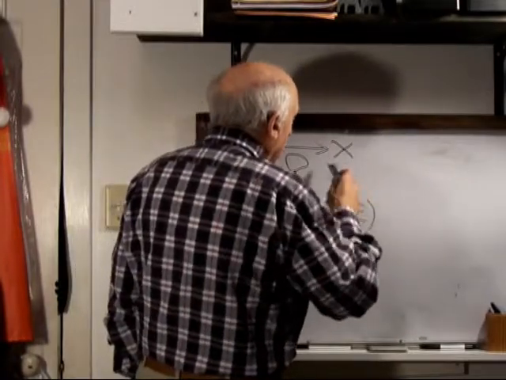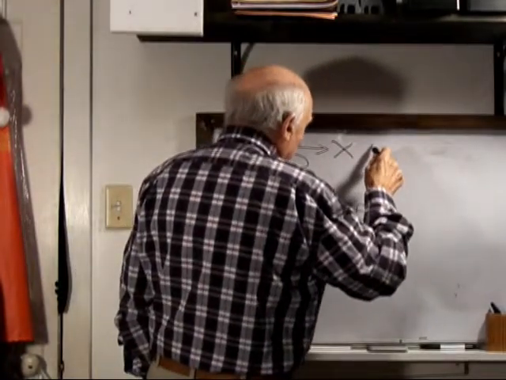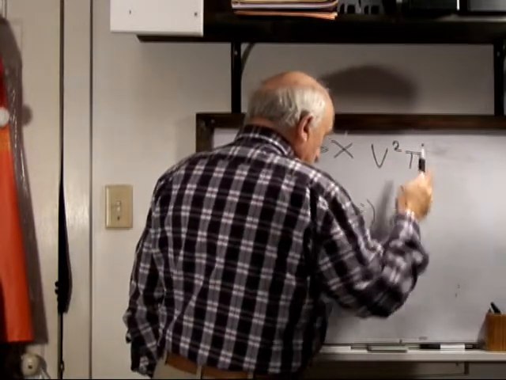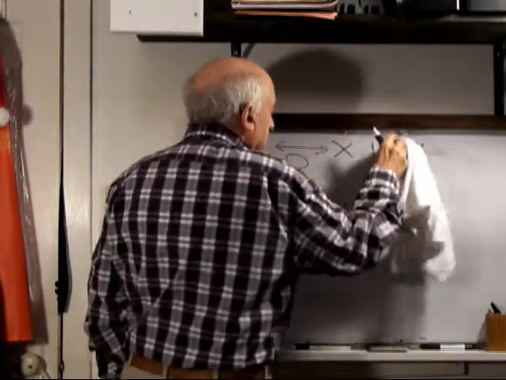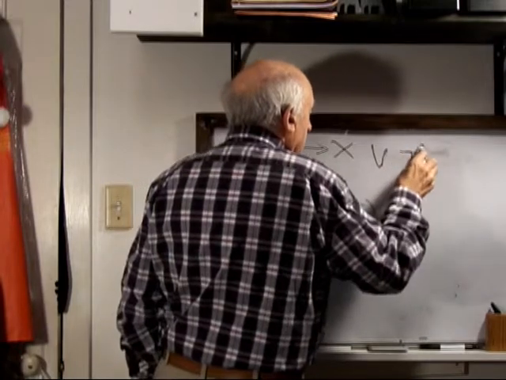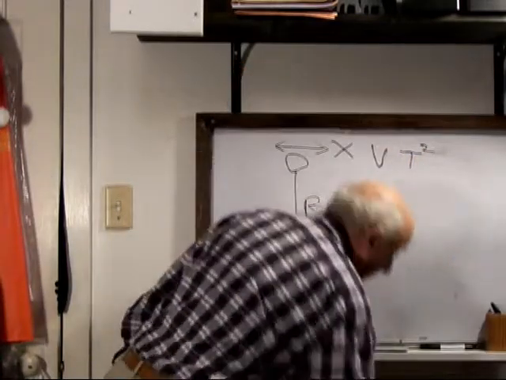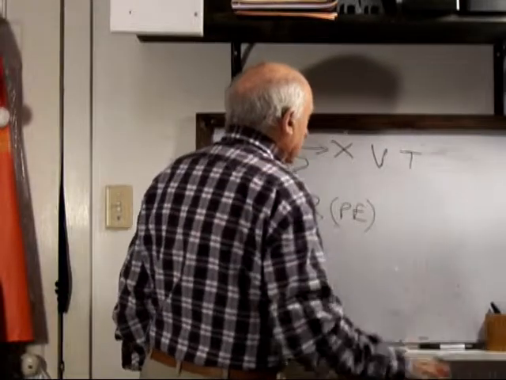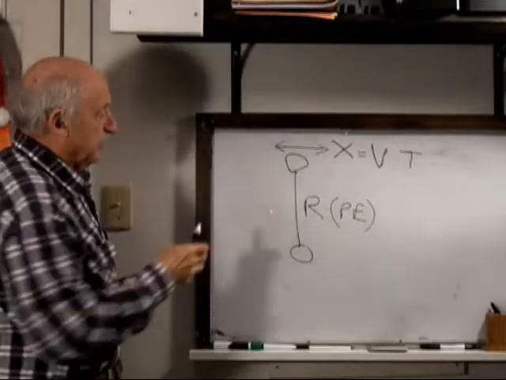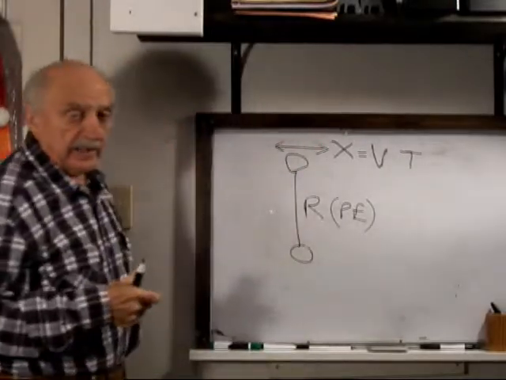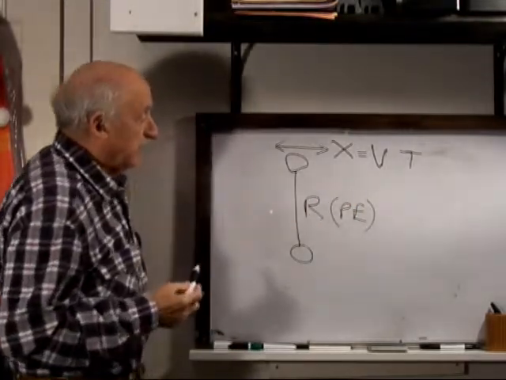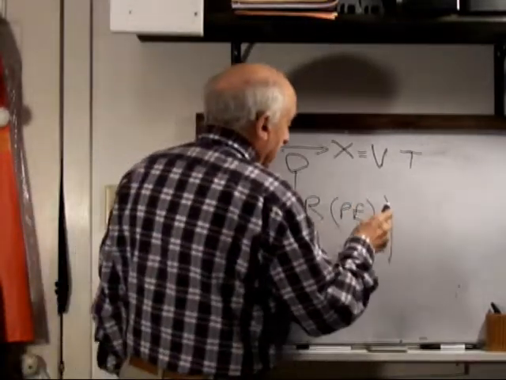So the value of x is equal to vt, because we're going to square it when we add it. The actual value of x, the displacement in x, the separation between the bodies in the x dimension, is equal to vt, and when you square that, you get the energy.